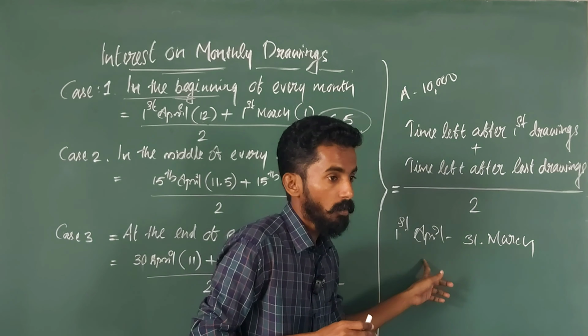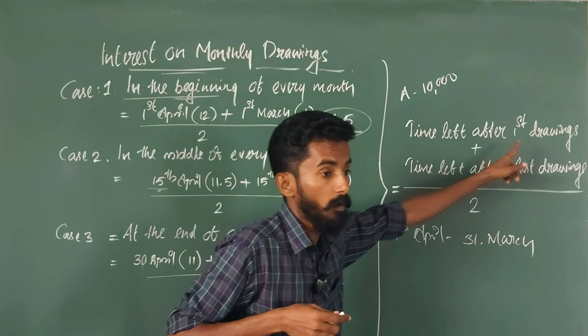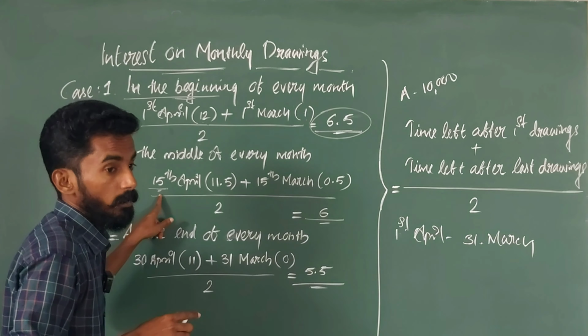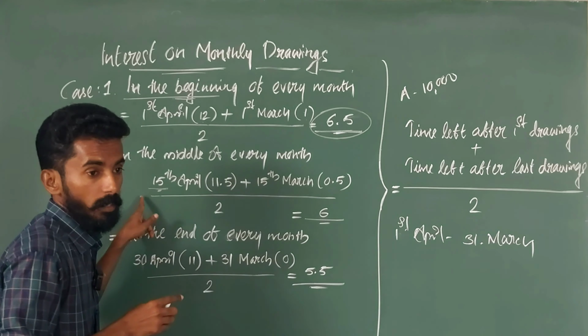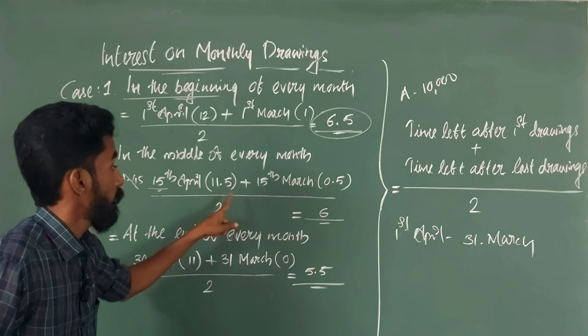What is the formula? Time left after first withdrawal. How many months? From 15th April to 31st March, 11.5 months, because 15 is already gone, so 0.5 is used. So time left after first withdrawal is 11.5 plus time left after last. When was his last withdrawal? March 15th. Very good.